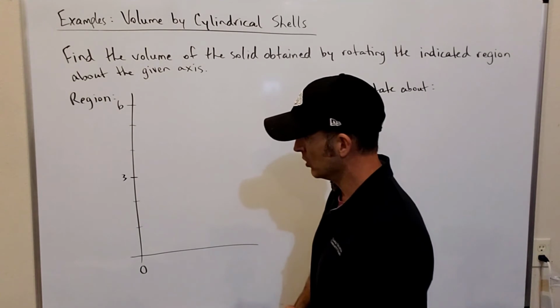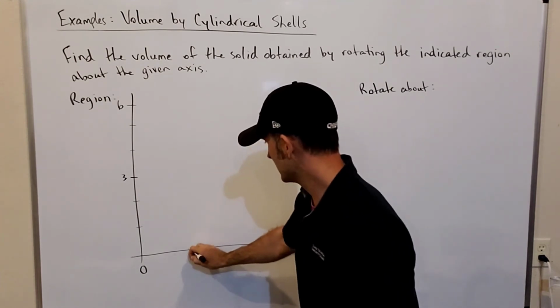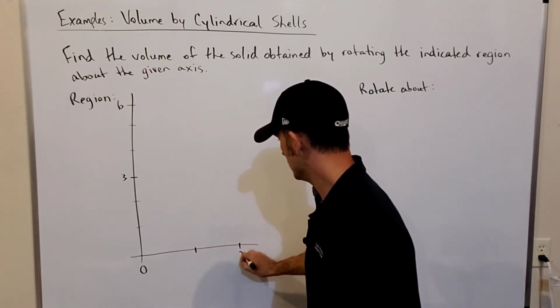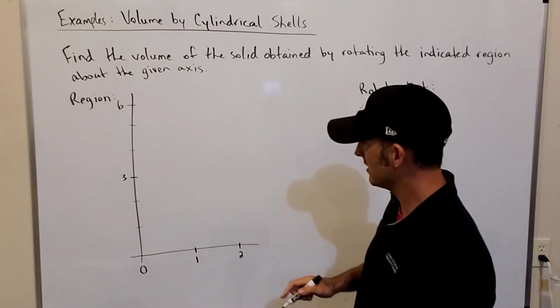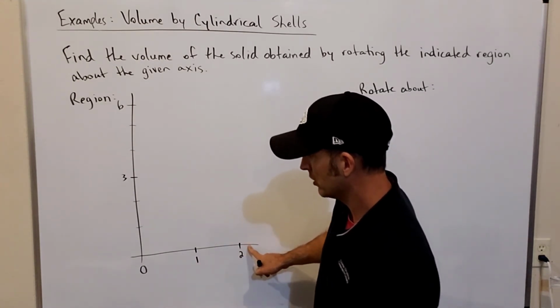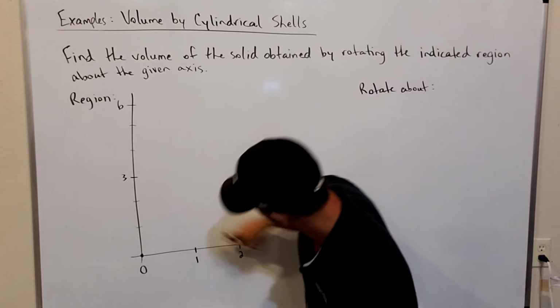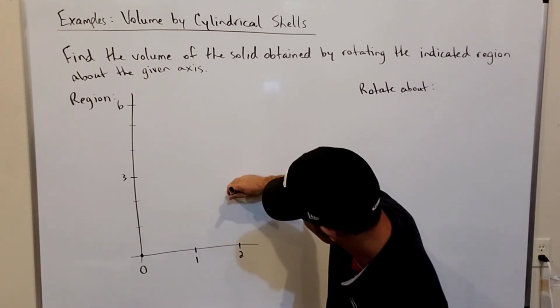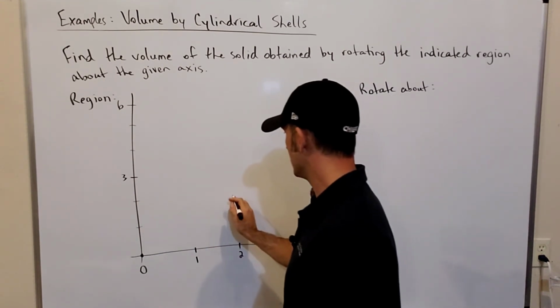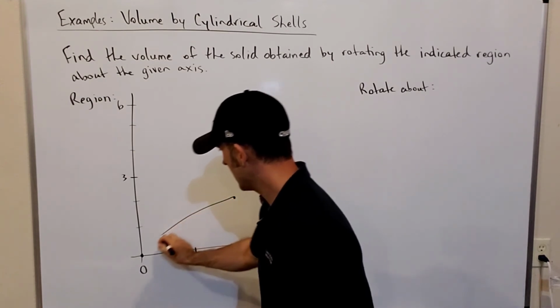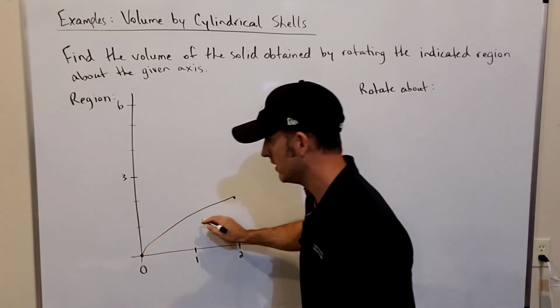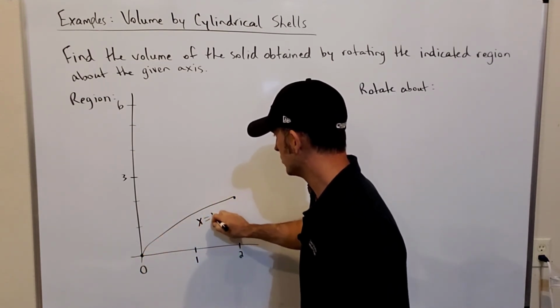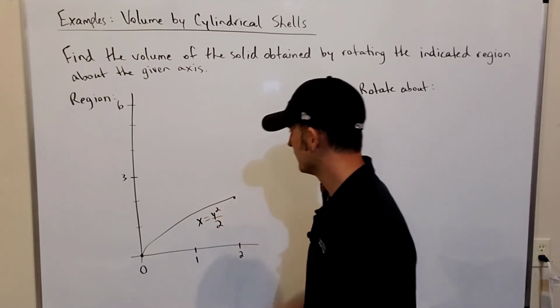So the region we're looking at, on the x-axis we go 1, 2, just making sure you understand what you need. And the first curve we're going to look at goes through 0, 0, and 2, 2, which maybe is about right there. And it's basically half of a parabola. So this curve is x equals y squared over 2, okay?